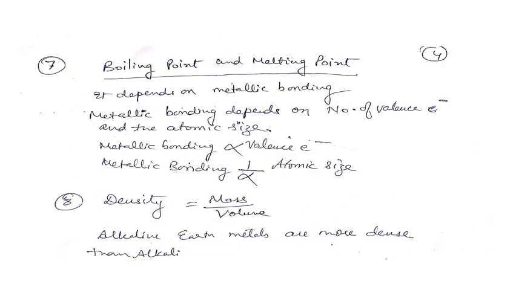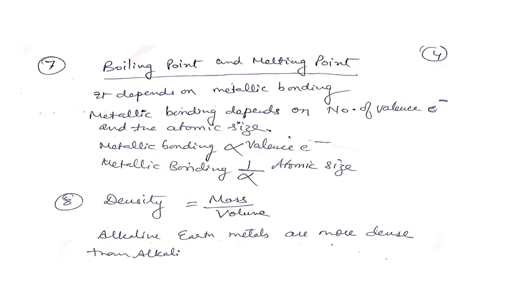The next physical property is boiling point and melting point. These also depend on the metallic bonding, the force of attraction you have read about in metals. Metallic bonding depends on the number of valence electrons and the atomic size. It is directly proportional to the valence electrons and inversely proportional to the atomic size.